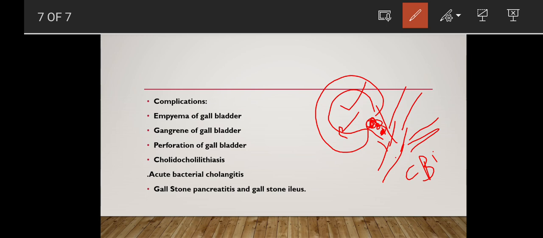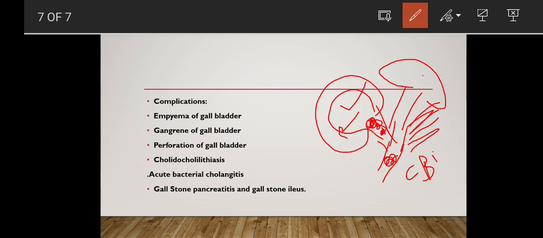When the stone enters the common bile duct and obstructs here, we call this condition choledocholithiasis, and it can lead to acute jaundice, because bilirubin from the liver comes through the right and left hepatic duct into the common bile duct.